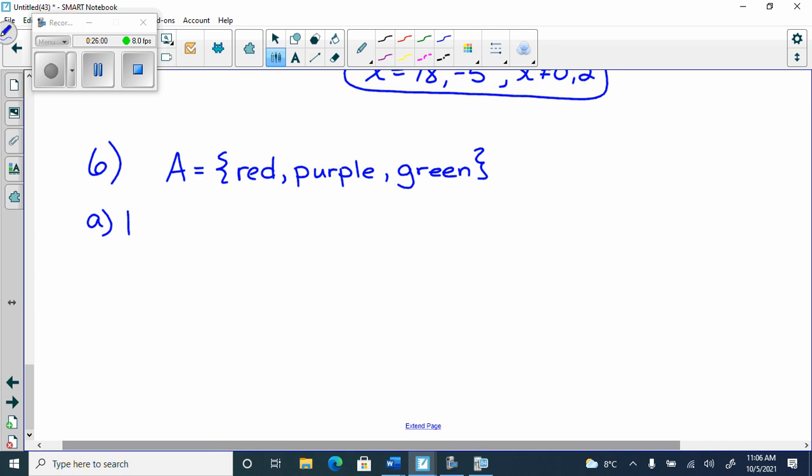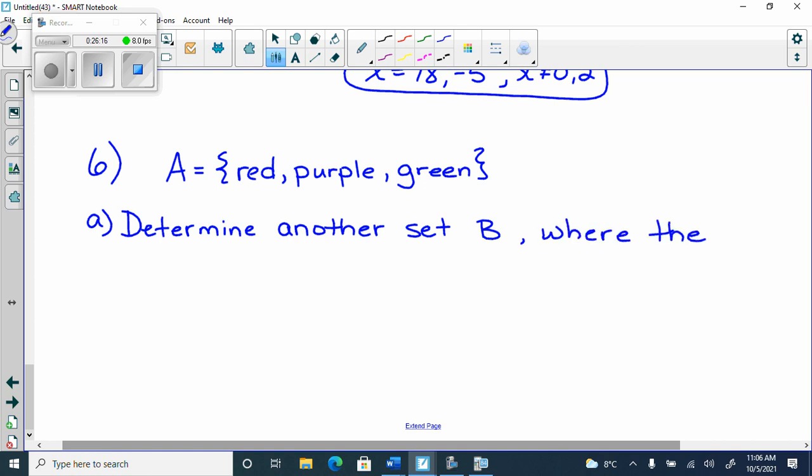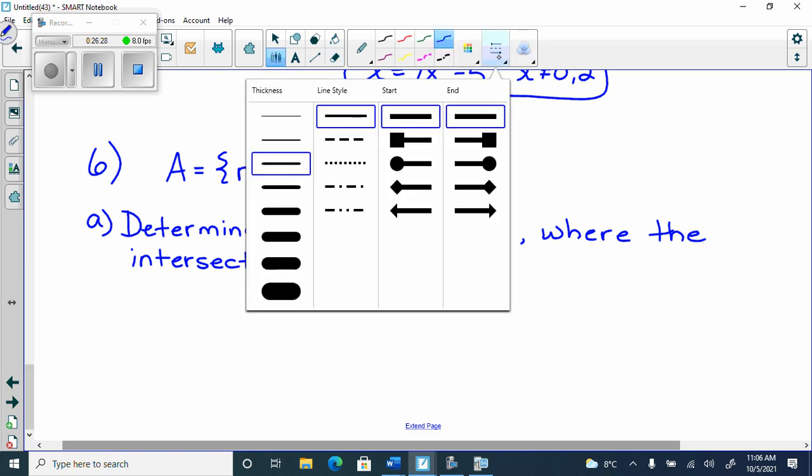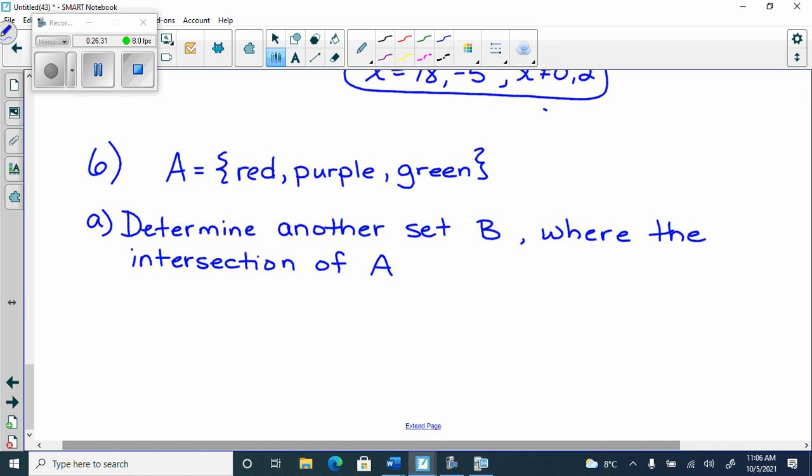Determine another set B where the intersection of A and B results in the empty set.